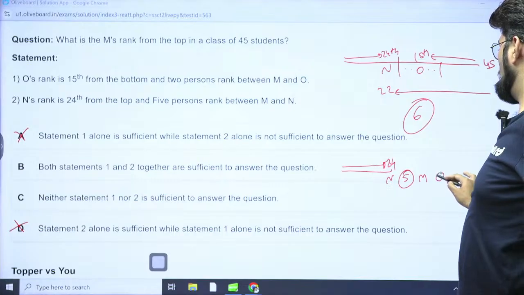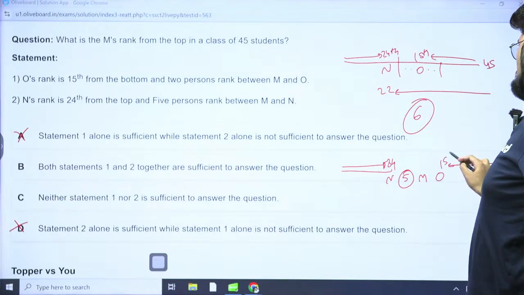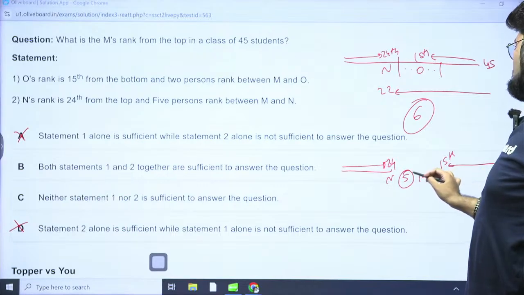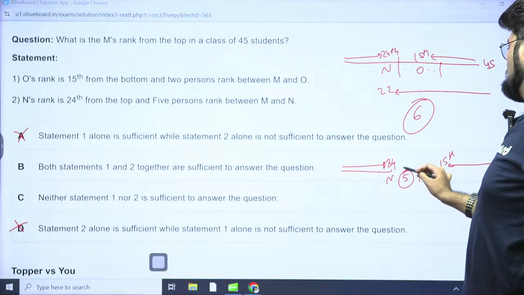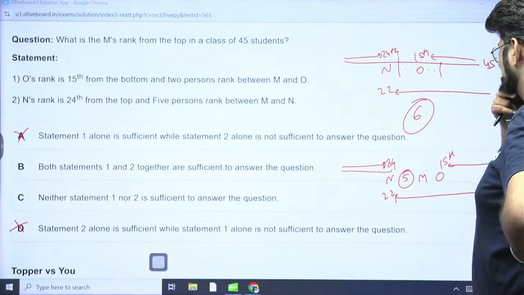Then O. 15, 16, 22. Yeah. 46 minus 1 is 45. That's how it should have been.